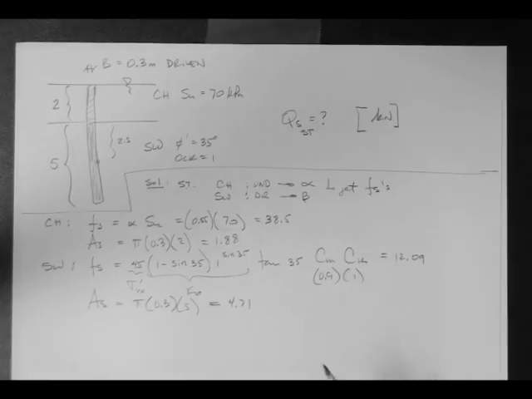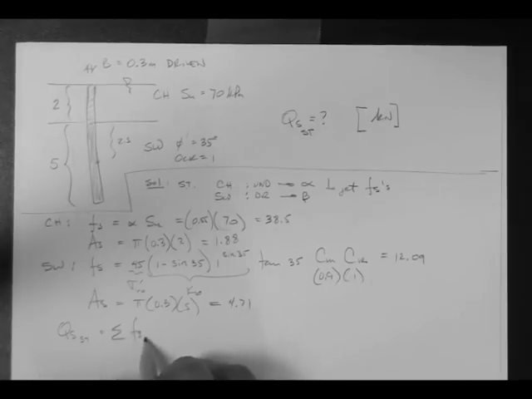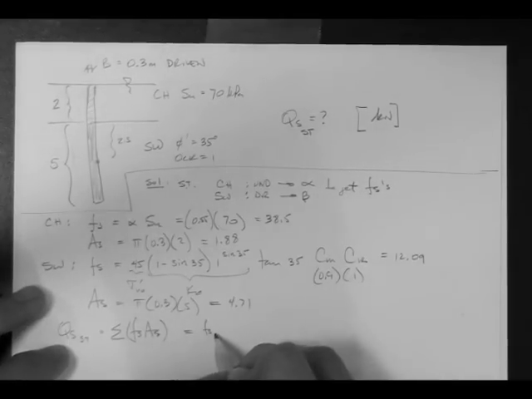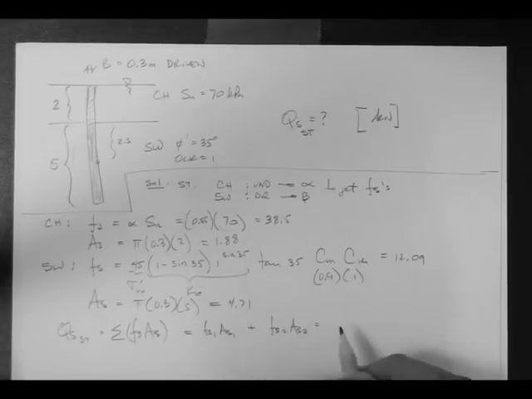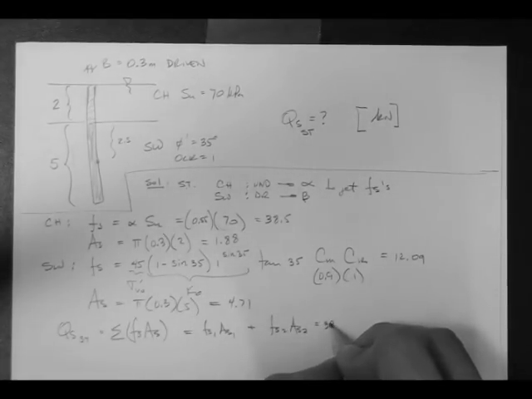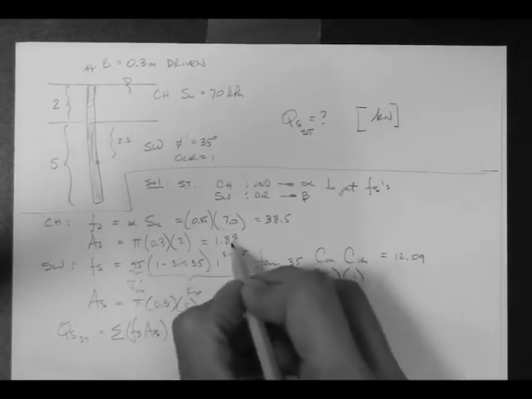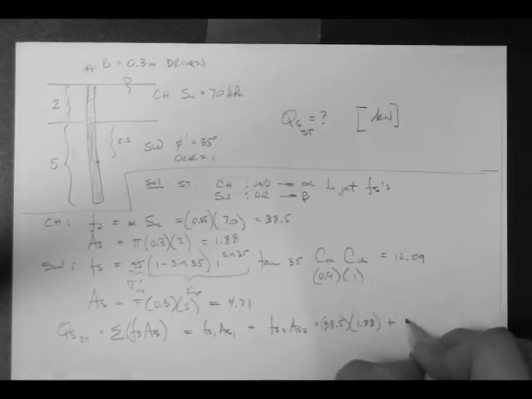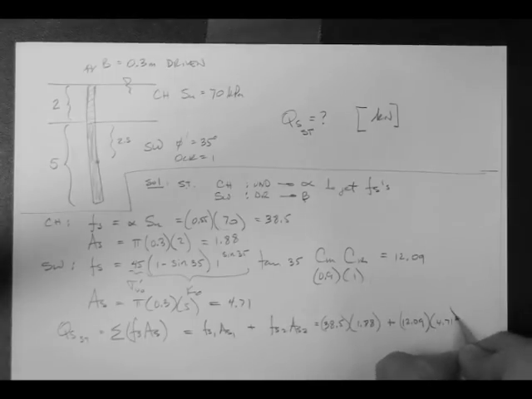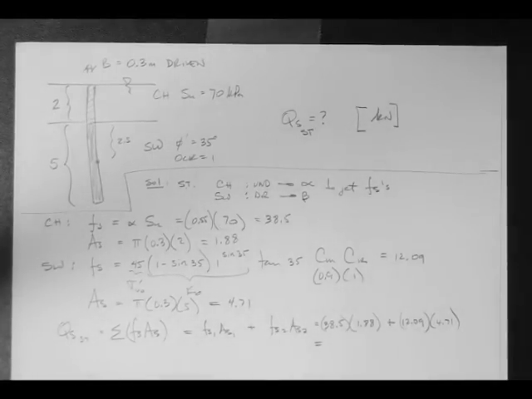Finally, we can get our Qs. So what's Qs? Qs in the short term is the sum of Fs As, right? Which is Fs1 As1 plus Fs2 As2, which is equal to 38.5 times 1.88 plus 12.09 times 4.71. I hope you can see that. Yes. Okay. And what's all this?